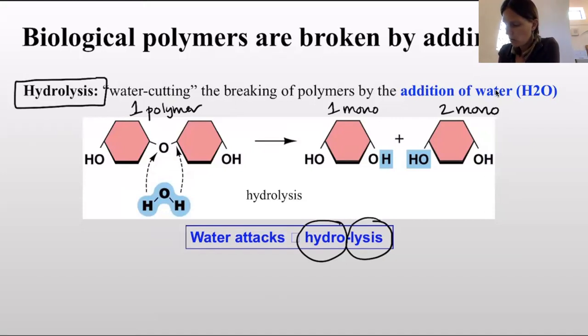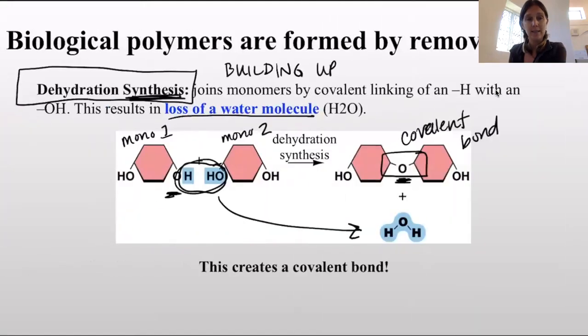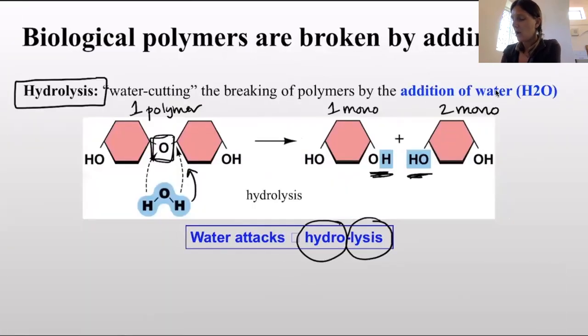In the polymer, you are adding water, and the water can join at this oxygen, and now you're left with 2 monomers, each with a hydroxyl functional group. So we have dehydration synthesis, the building up of polymers, and hydrolysis, breaking down polymers into their monomers.